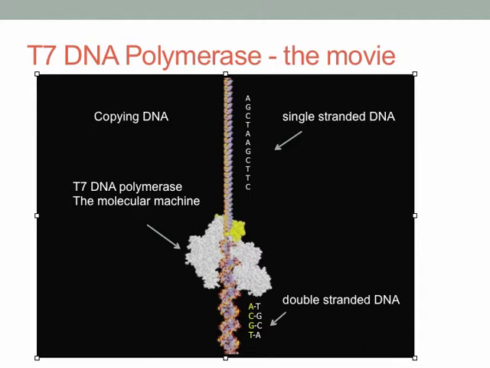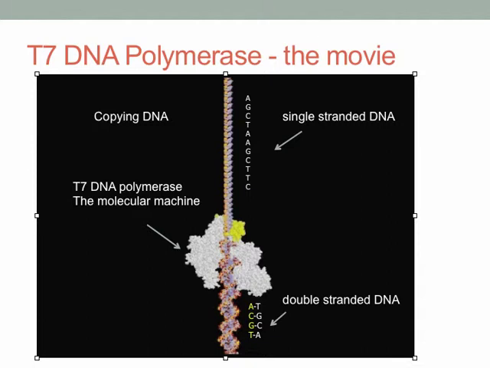And what you will see when you watch the movie of this T7 DNA polymerase is that little yellow part opening and closing as it adds the nucleotides. And so there's a second video. Just click on that video and you can watch this movie.